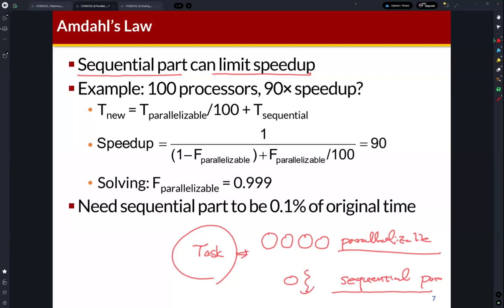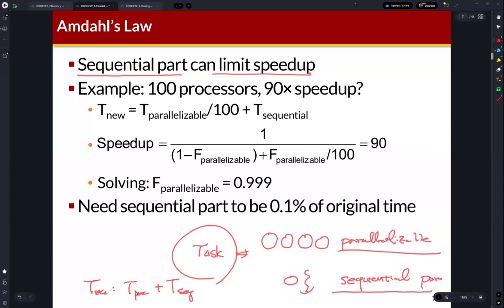So this part needs to be executed sequentially. When you analyze the execution time of a workload, we can categorize it. This is the execution time, and it can be split into a parallelizable part and a sequential part. When we apply a multi-core architecture, which part can be improved?